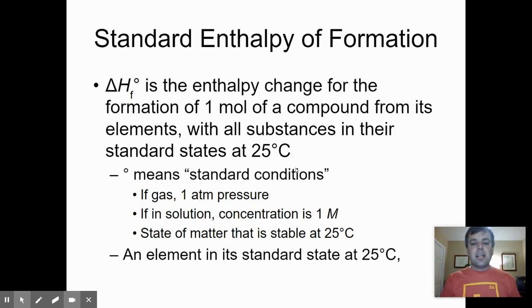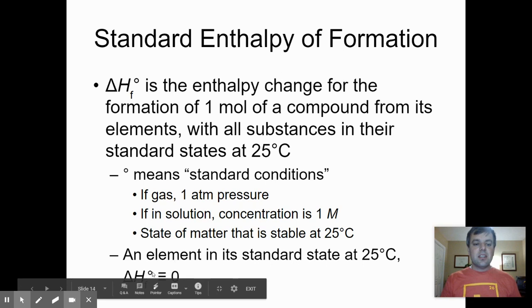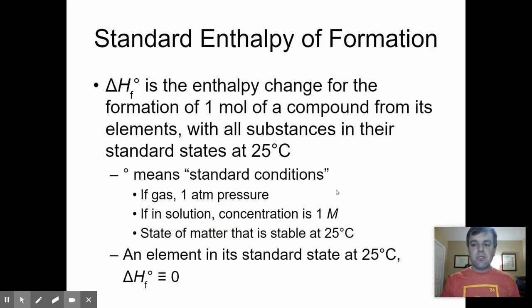Now, for an element that is in its standard state at 25 degrees Celsius, the standard enthalpy of formation is defined to be 0. That's what that triple equal sign means. It is by definition equal to 0. In other words, for an element in its standard state under standard conditions, its standard enthalpy of formation is defined as 0, because since we're measuring enthalpy changes, we have to pick a baseline that everybody agrees on.